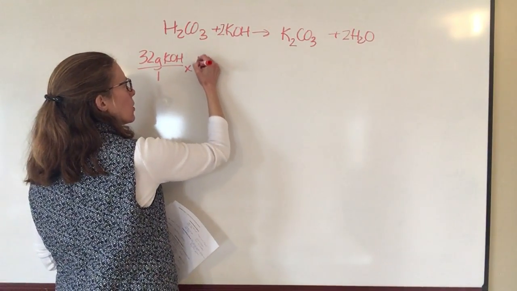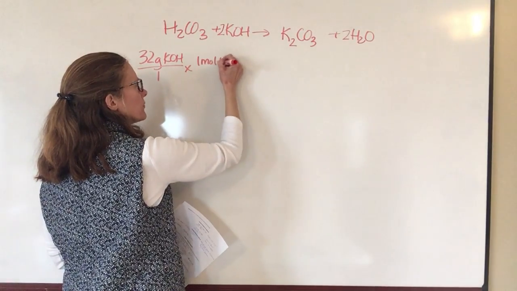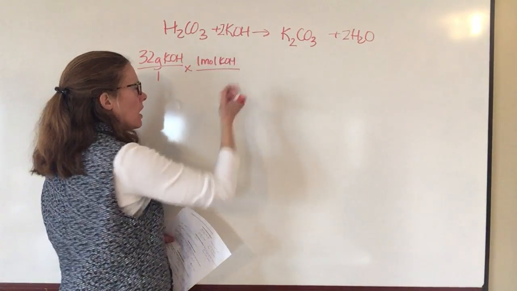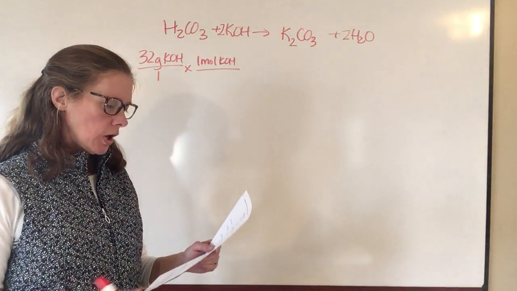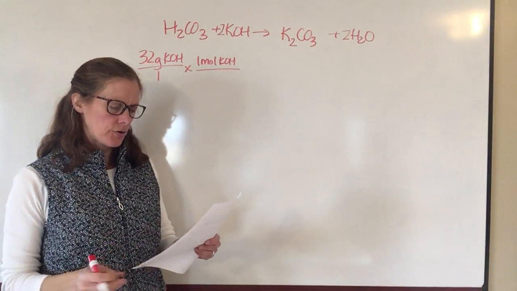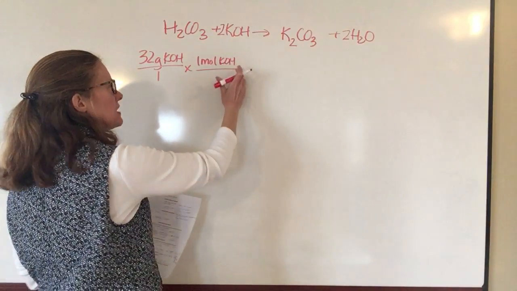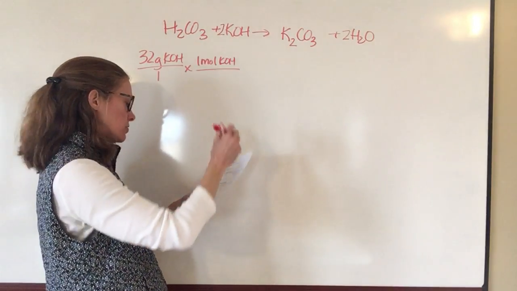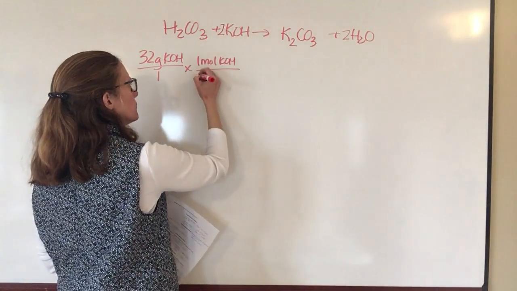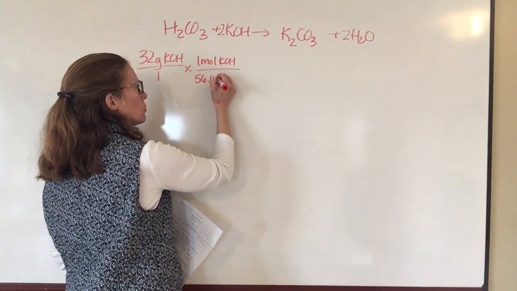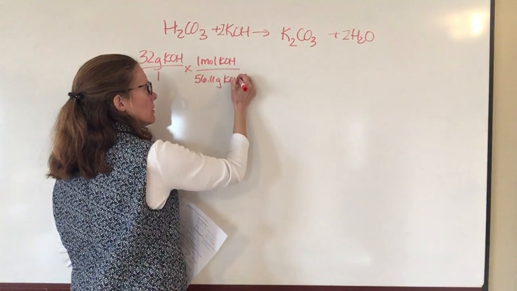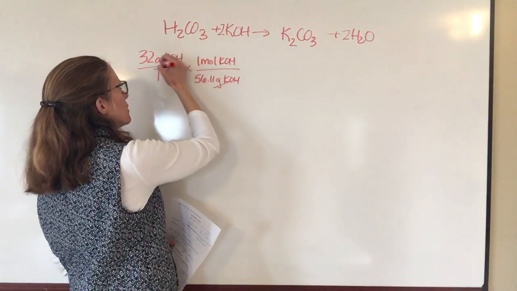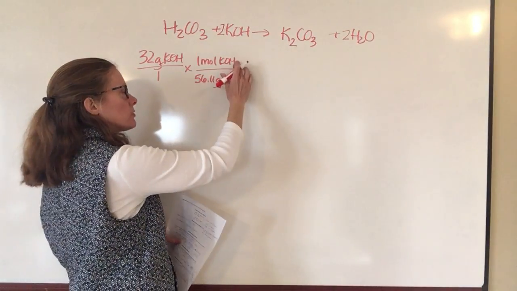In 1 mole of KOH, if you look at the periodic table, potassium is 39.1, oxygen is 16, hydrogen is 1.01, and that gives me a total of 56.11 grams of KOH. So the grams of KOH will cancel out. So I have moles of the given.